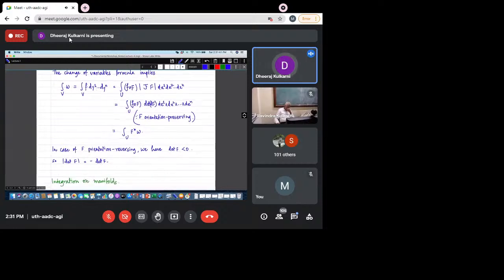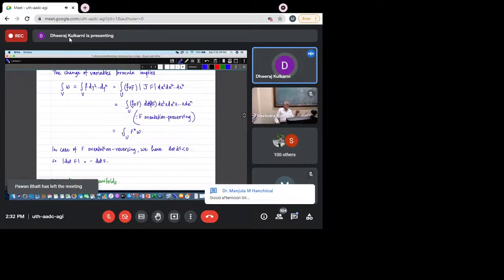Okay, in the case of orientation reversing, we have that the determinant of df is negative at all points, and therefore if I want to take the absolute value of the determinant of df, I will take minus the determinant. And now if you do this with the minus of the determinant, you will pick up a minus sign.